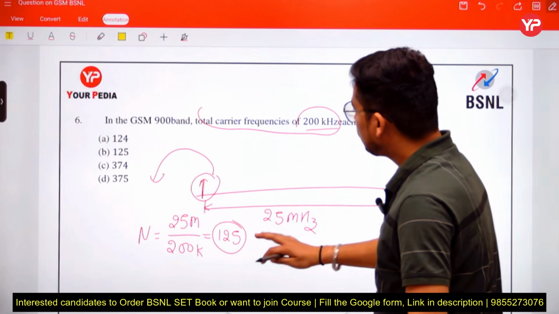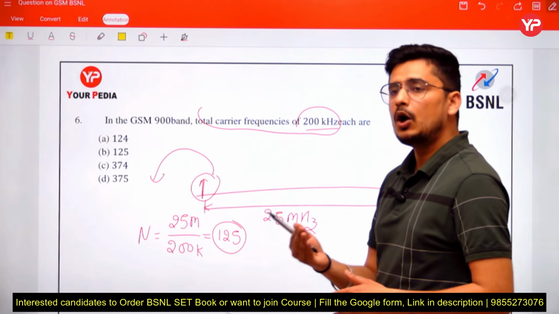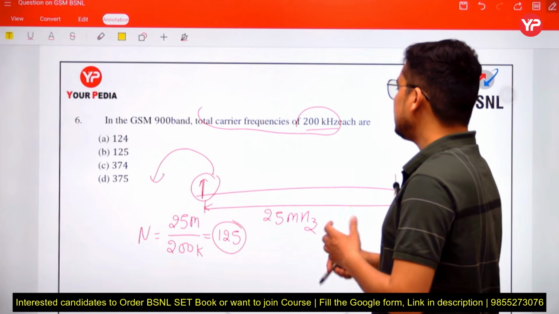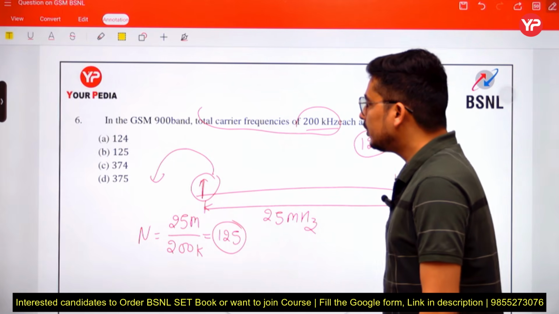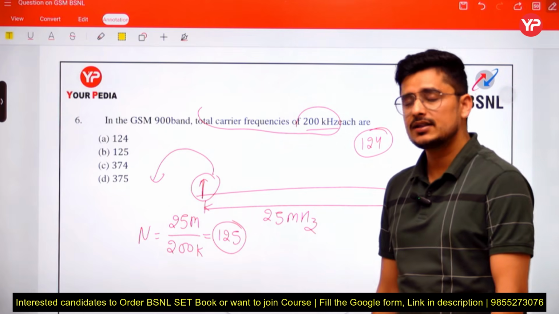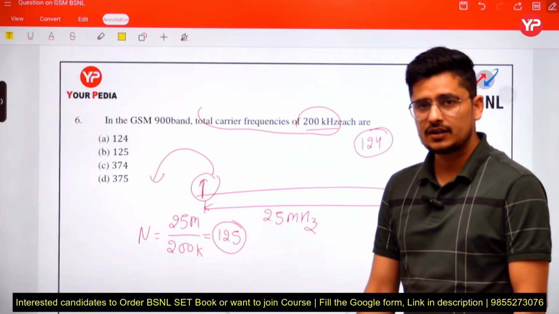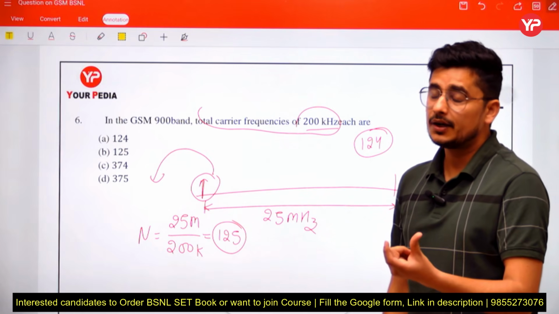There are a total of 125 carrier frequencies, but how many are usable? That is 124. So 124 carrier frequencies are used inside your GSM 900 band, right? 124 frequencies, but there are 125 carrier frequencies.